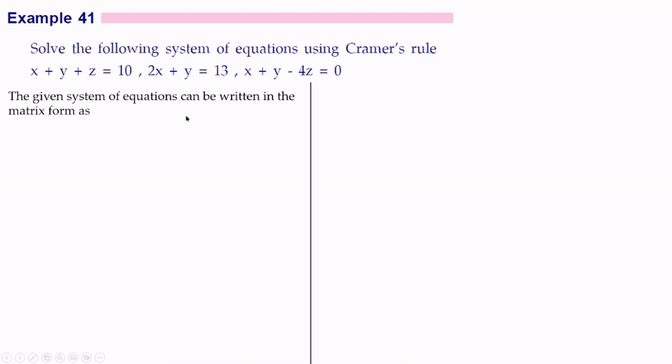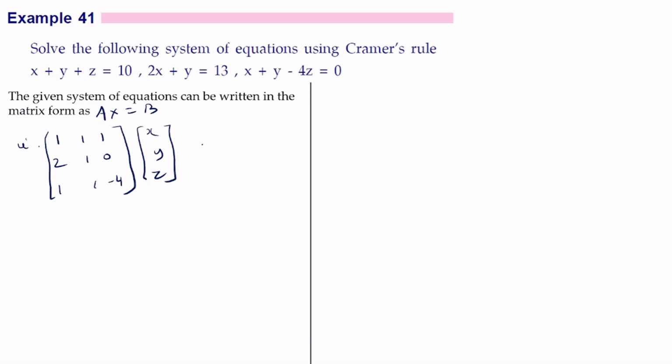The given system of equations can be written in the matrix form as Ax equal to B. That is, the coefficient matrix 1, 1, 1, 2, 1, 0, 1, 1, minus 4 into the variable matrix x, y, z equal to B, which is the constant matrix. Now let us find delta, delta x, delta y and delta z.